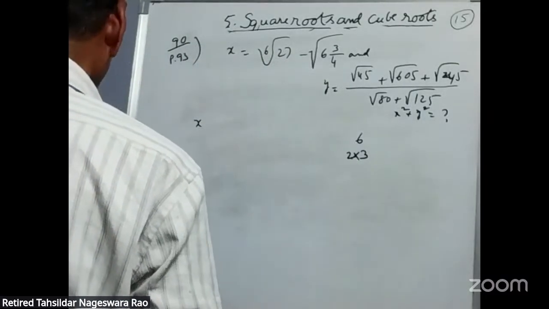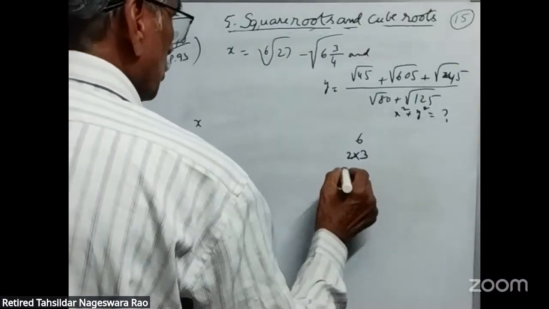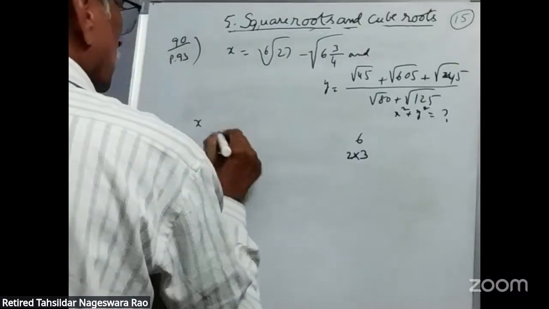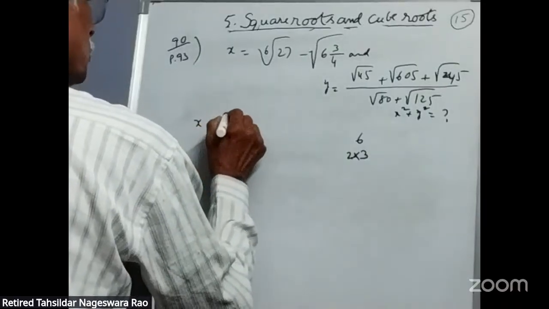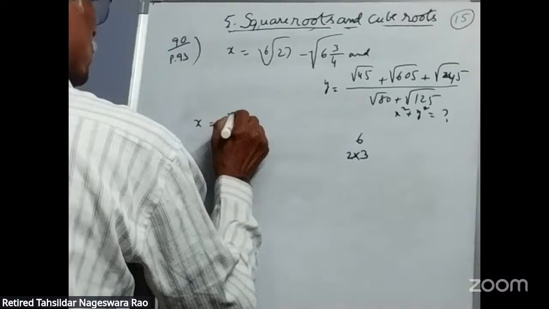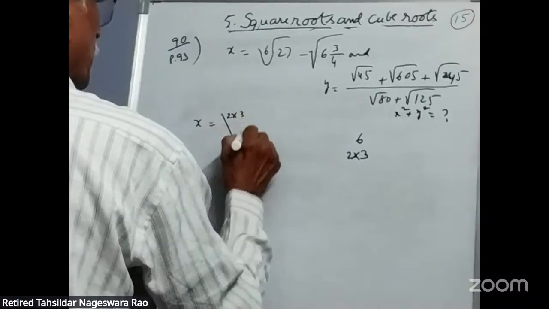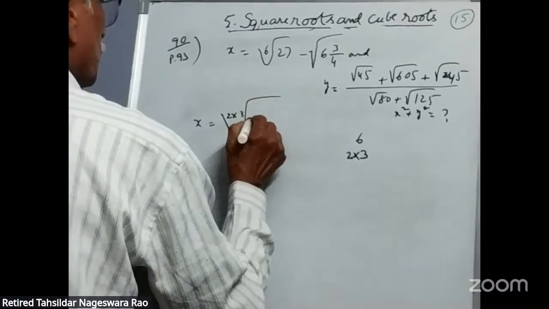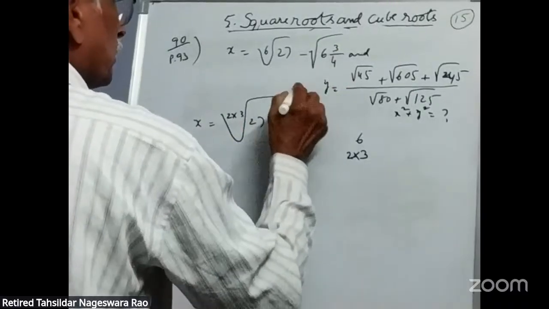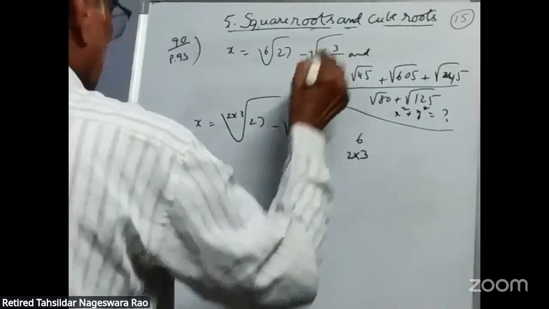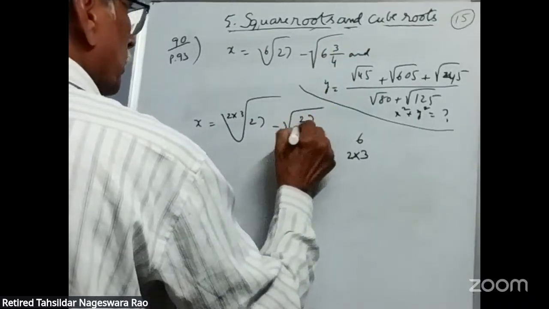It is better to keep it that way. If you write x is equal to 2 into 3, that is 6, root of 27 minus root of this one will be 27 by 4.